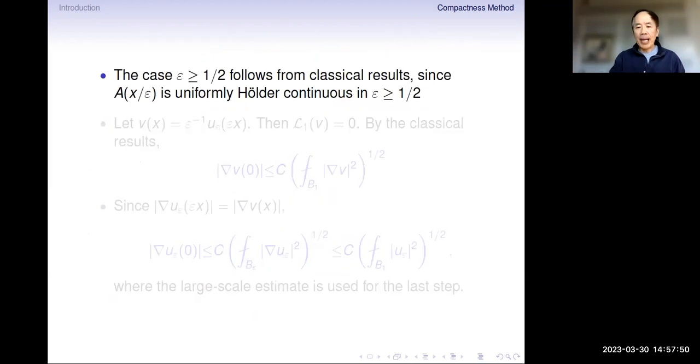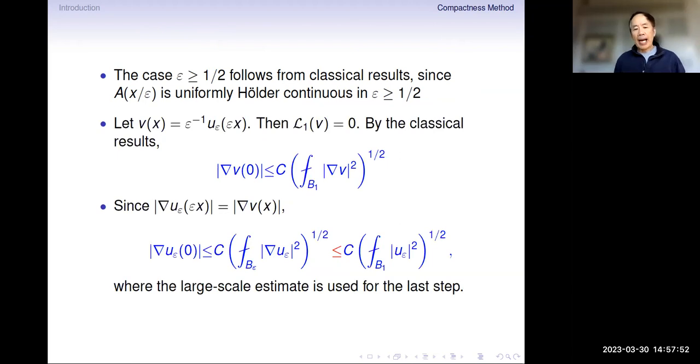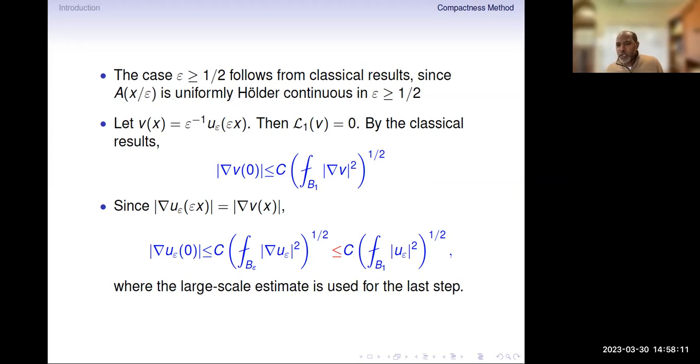So everything combined together gives you that the gradient of u epsilon evaluated at the center is controlled by the L2 average over B1. The previous was gradient estimated by gradient, whereas this is the gradient estimated by u. So I should put a gradient there.